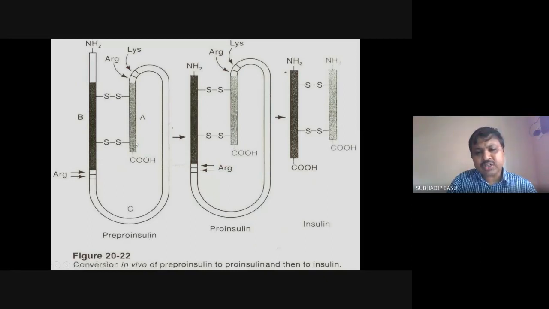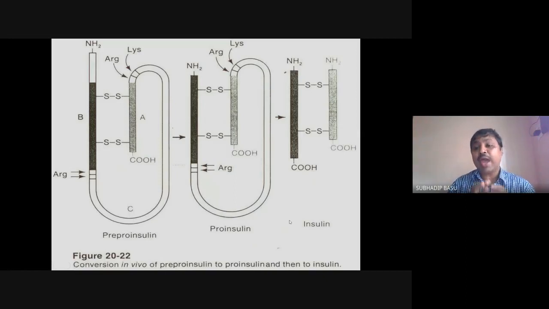After specific types of post-translational modification, you can see that there are some cutting processes. You have this first cutting process here, and we have pro-insulin generated from here. Again, this is called peptide cleavage, where peptide bonds are broken between arginine and lysine, and then it forms active insulin.